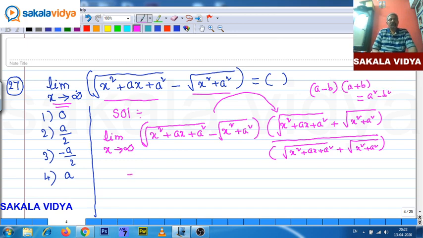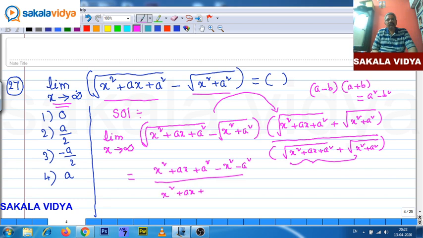So we now get x square plus ax plus a square minus x square minus a square upon root of x square plus ax plus a square plus root of x square plus a square, with limit x approaches to infinity. Here x square gets cancelled and a square gets cancelled.